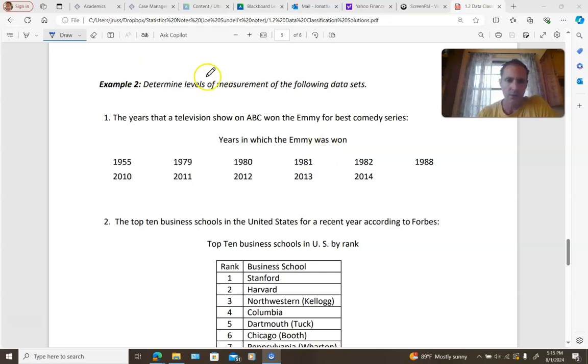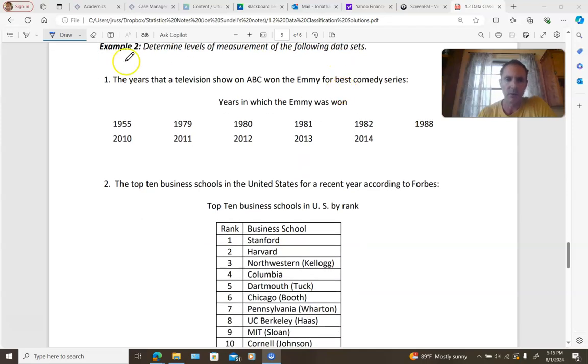Okay, so example 2, what we want to do is determine the level of measurement of each of the following data sets. So number 1, the years that a television show on ABC won the Emmy for Best Comedy Series. So the data is right here.